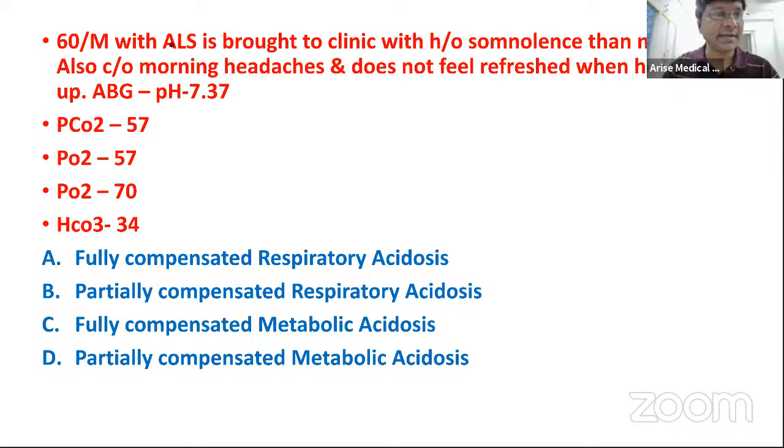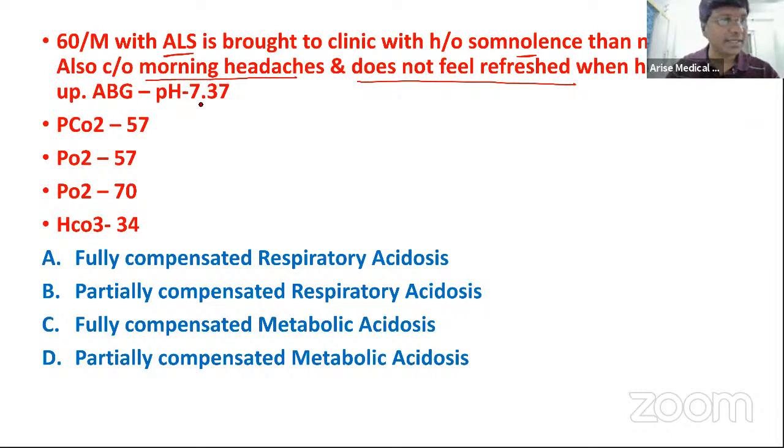A 60-year-old male with amyotrophic lateral sclerosis is brought to the clinic with history of somnolence. He is also complaining of morning headache and does not feel refreshed when he wakes up.